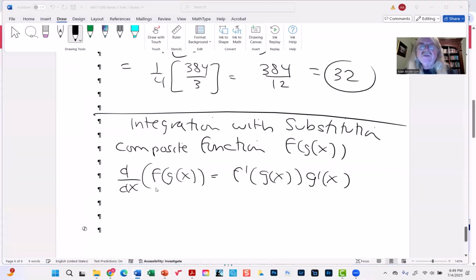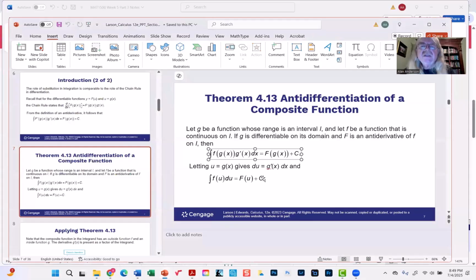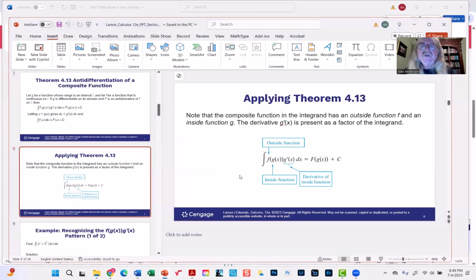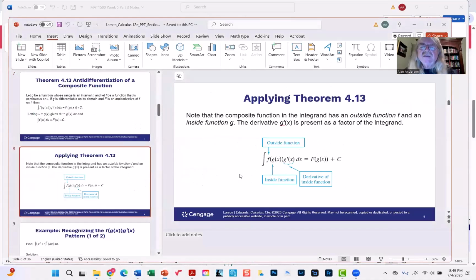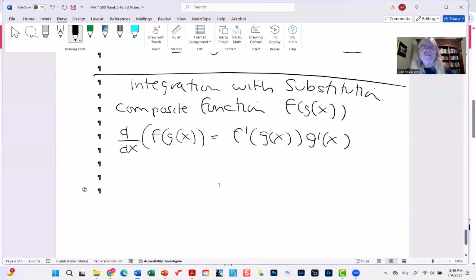Okay, so here's the big question. How is this substitution method related to this? Because what you're doing is you're integrating a function that looks like this: f of g of x, g prime of x.